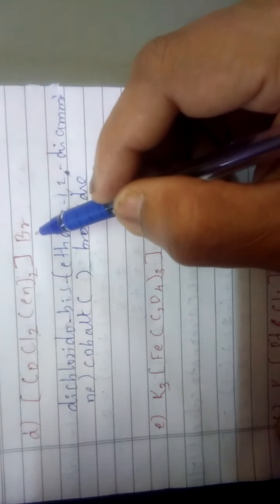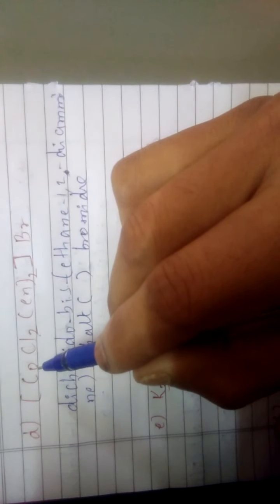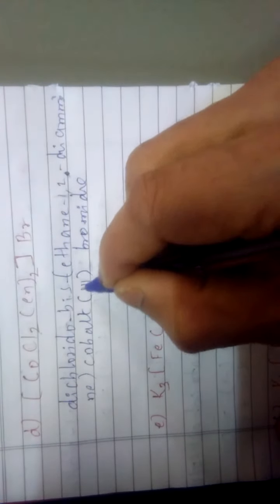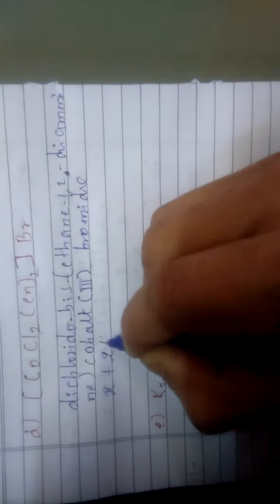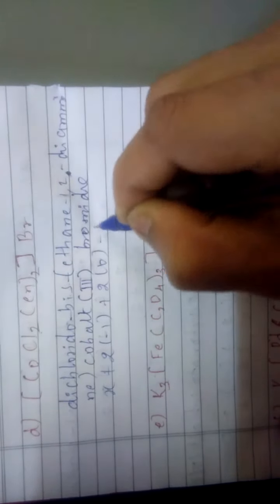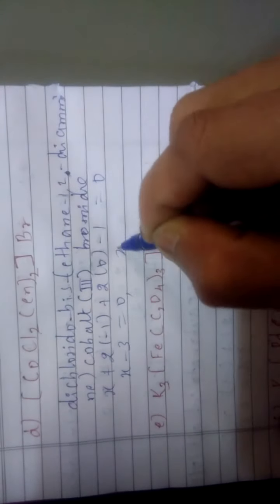To nullify the 3 negative charges and to get the neutral compound, the central metal ion should possess 3 positive charges. So here the oxidation state of cobalt is 3, or you can calculate as per the rules, that is x plus 2 into -1 plus 2 into 0 minus 1 equals 0. So it is x minus 3 equals 0, x equals +3.